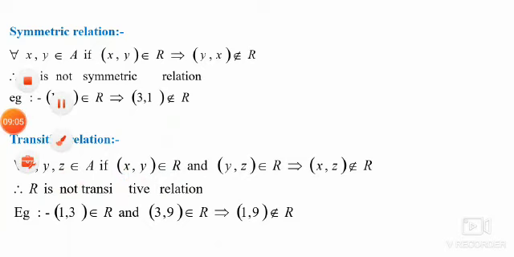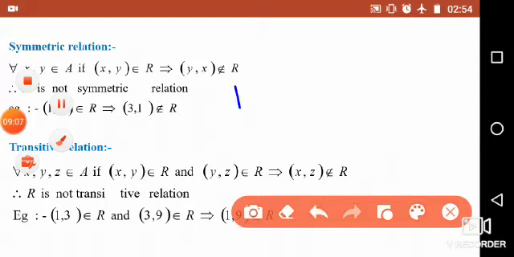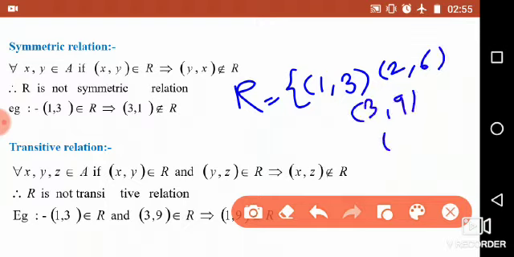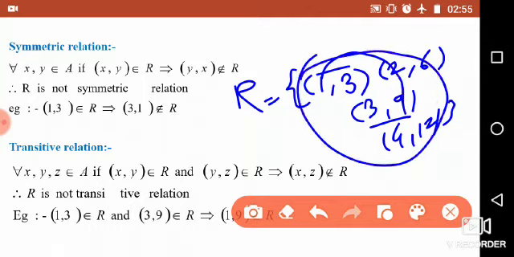In R, dear students, we have the elements like 1 comma 3, then 2 comma 6, then 3 comma 9 and 4 comma 12. If I select 1 comma 3 belongs to R, 3 comma 9 belongs to R, but 1 comma 9 is not a member of this relation.